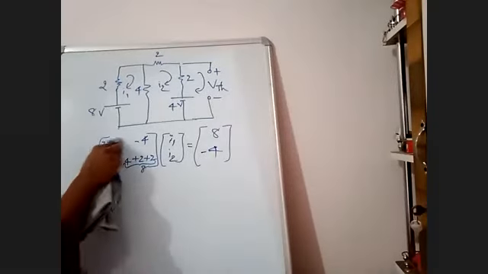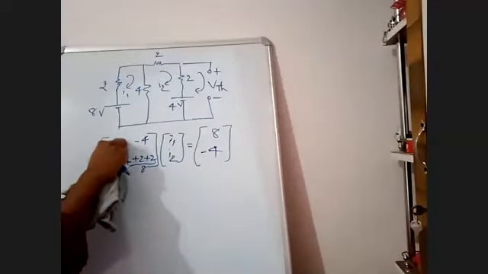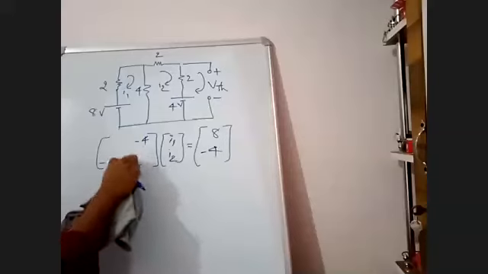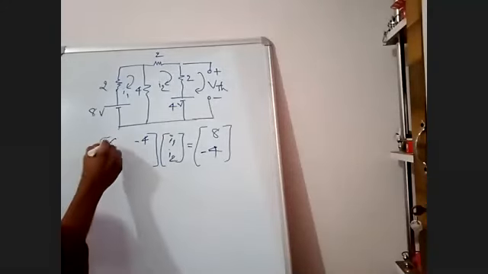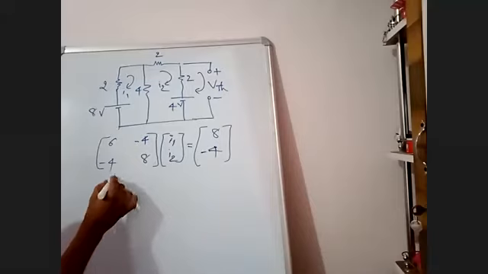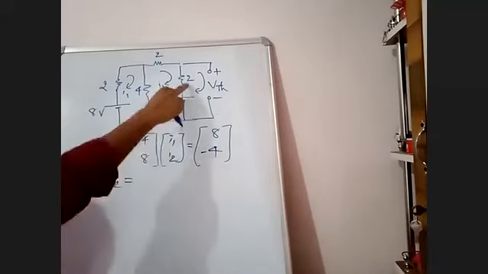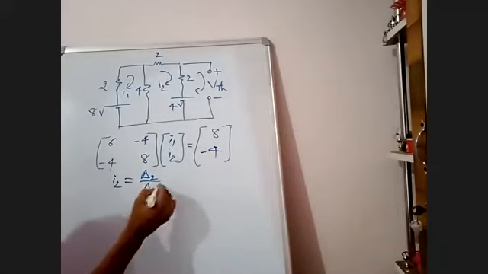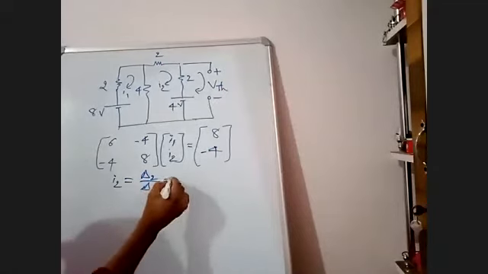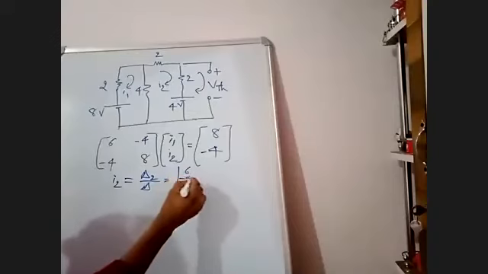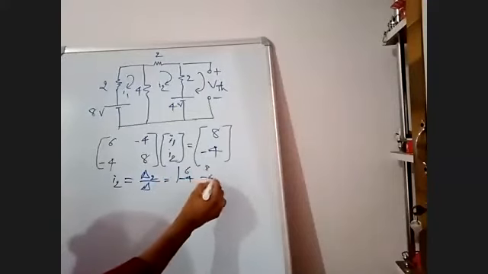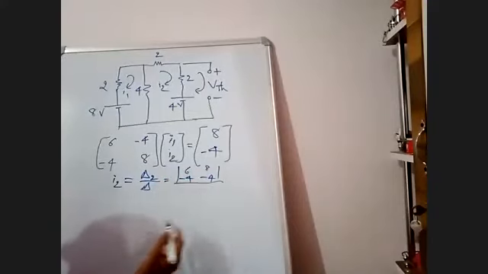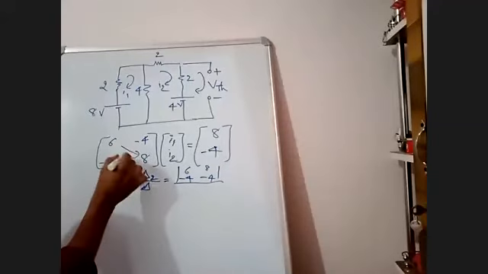Now I want only I2, because I want the current in 2 ohms. I2 is equal to delta 2 by delta. Delta 2 is obtained by replacing the second column with the voltage sources. Delta is the determinant of this.